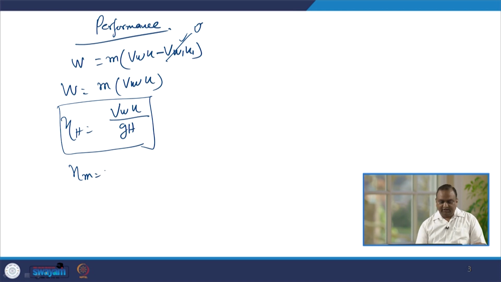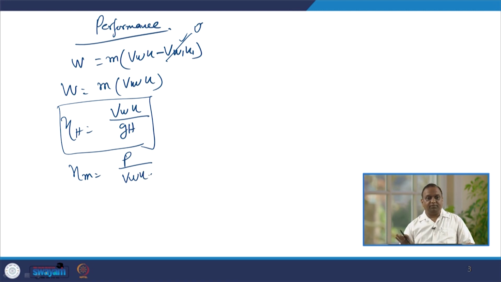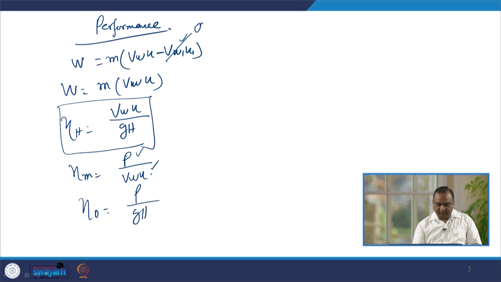Mechanical efficiency is the actual power output divided by VW U. The power imparted to the impeller is not 100% converted into actual mechanical power. There are certain losses in the bearings and losses due to friction. The actual output divided by the power developed in the wheel gives the mechanical efficiency. The overall efficiency is the product of these two, which gives P by gH: the actual power we are getting and the actual power which is available.